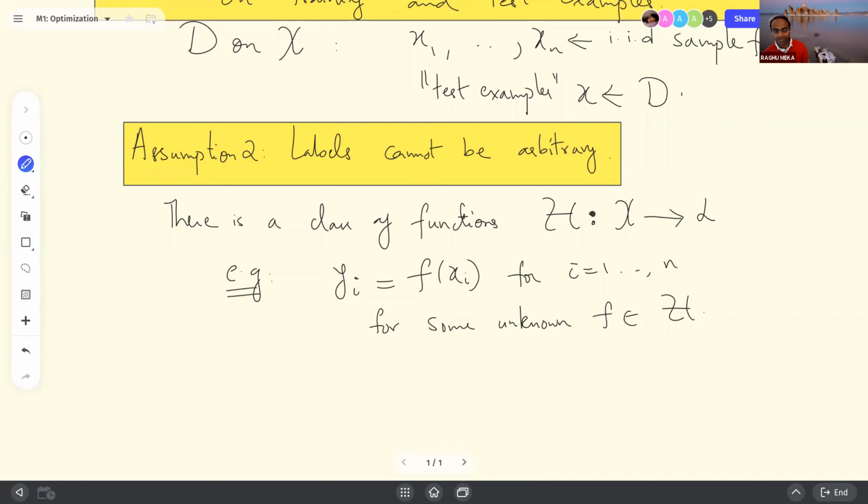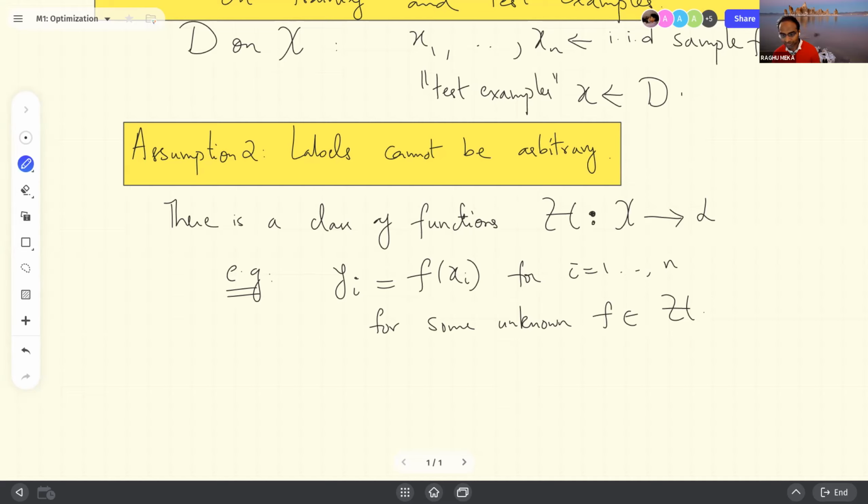There's some unknown function which is generating these labels. I don't know what it is, but we have to assume that this labeling function is not arbitrary, right? Given any image, I can't just generate a random label and give it to you. Then obviously you can't do any good prediction.